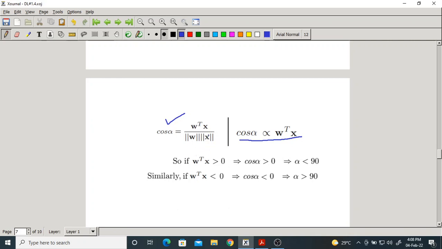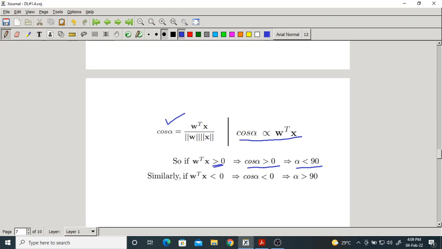Now if W transpose x is positive, cos alpha is positive, and if cos alpha is positive, alpha is less than 90 degrees.